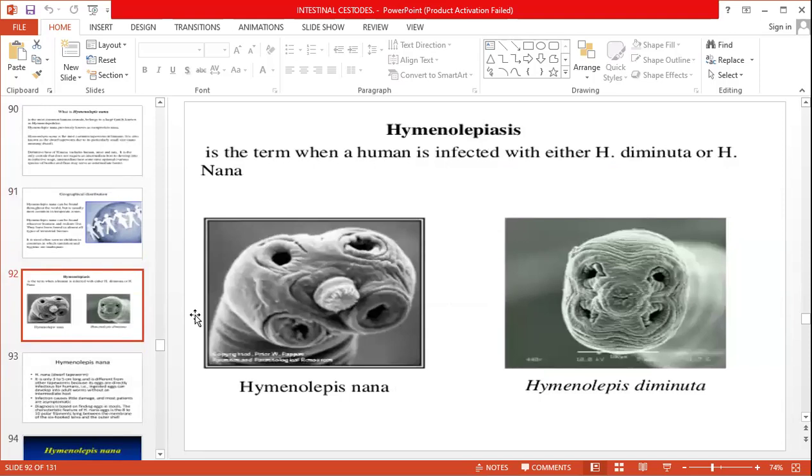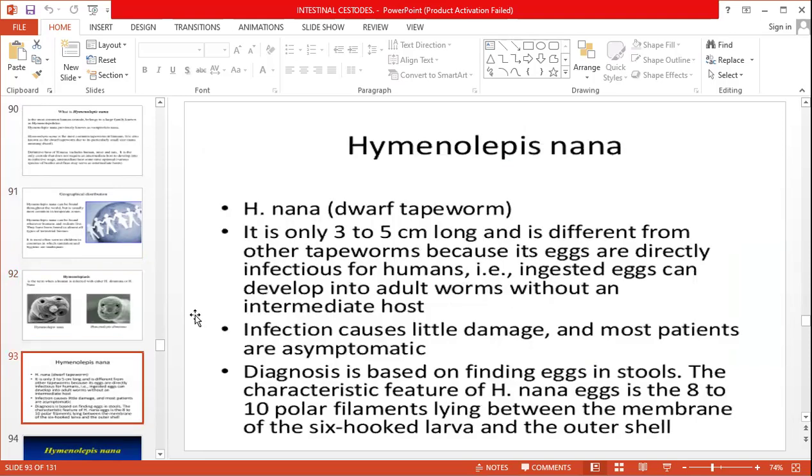This shows the buccal cavity of the H. nana. H. nana is known as the dwarf tapeworm also. It is about 3 to 5 centimeters long.